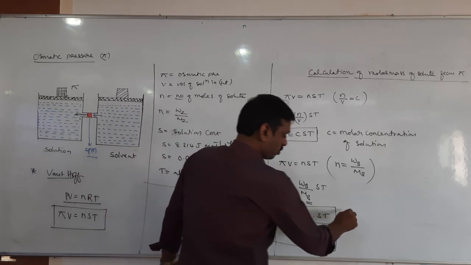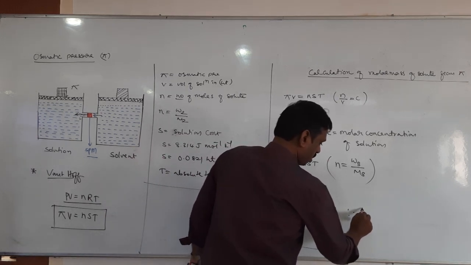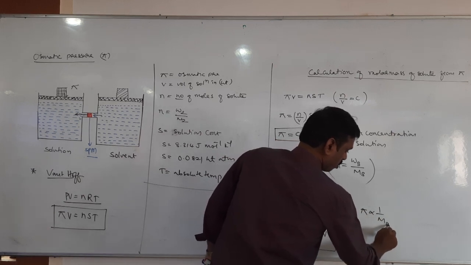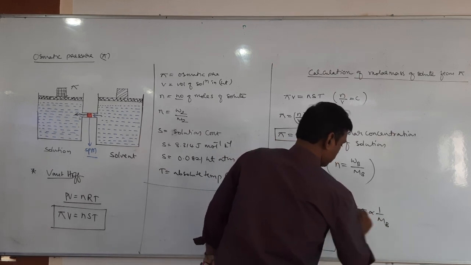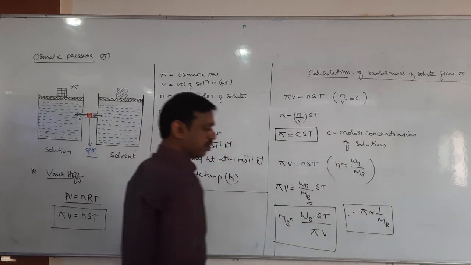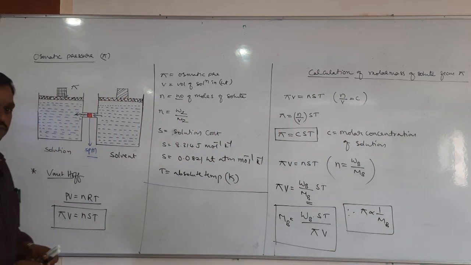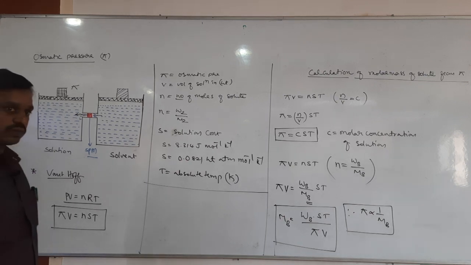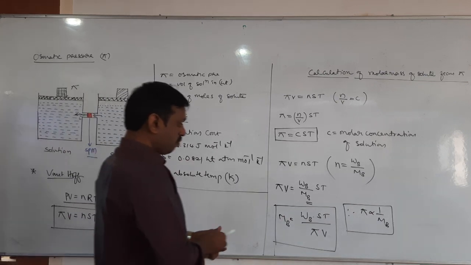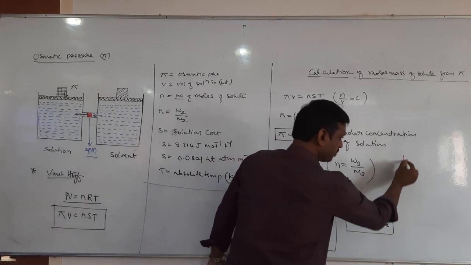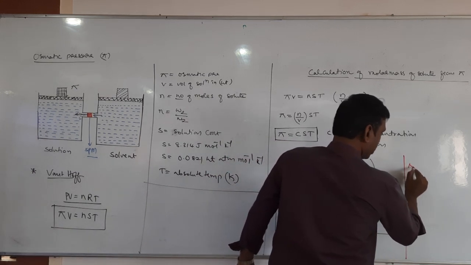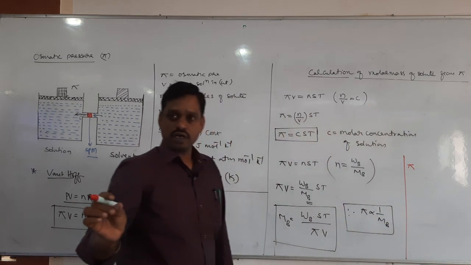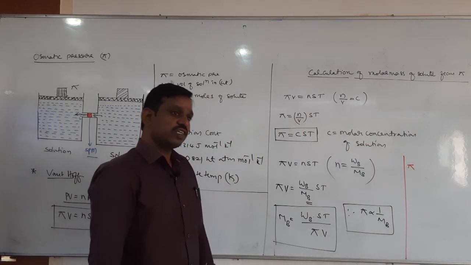So therefore, molar mass is inversely proportional to the colligative property. Right? Next, from this equation, can we write that osmotic pressure is a colligative property? We have studied that all the colligative properties are directly proportional to particle concentration.